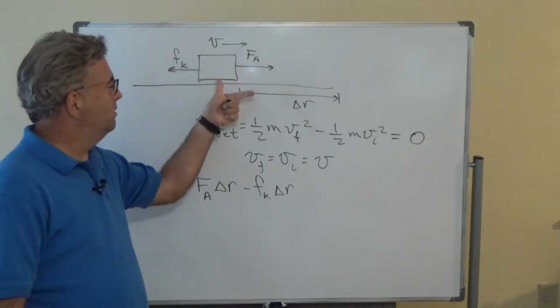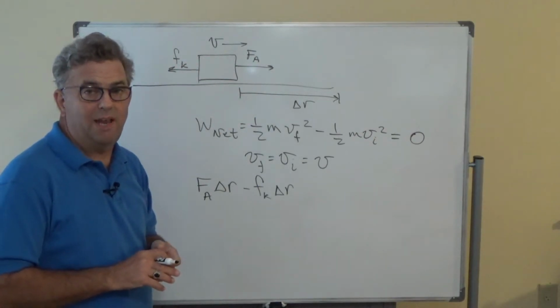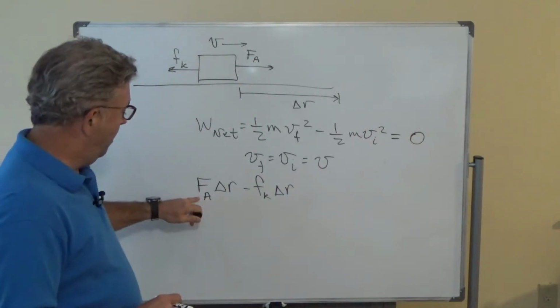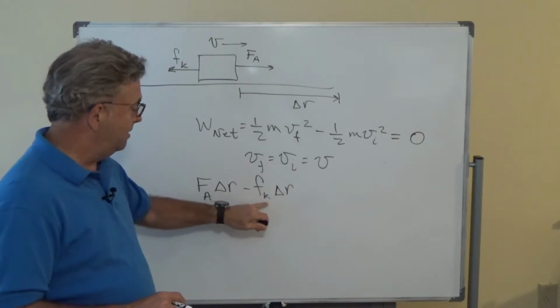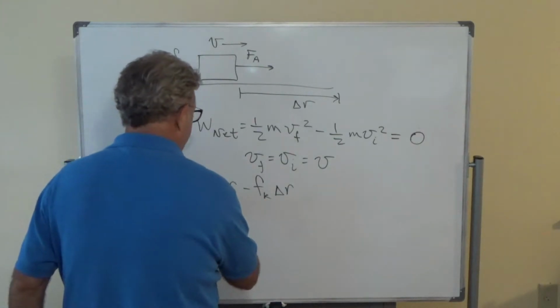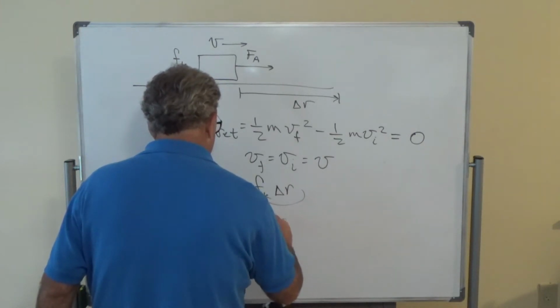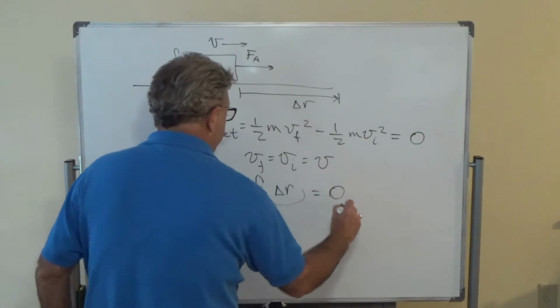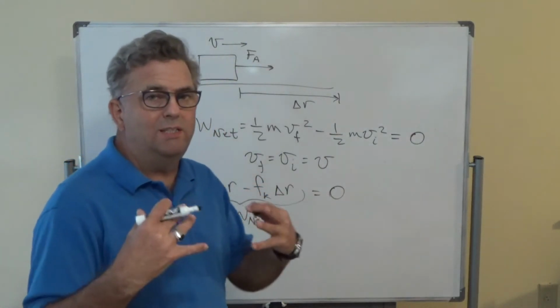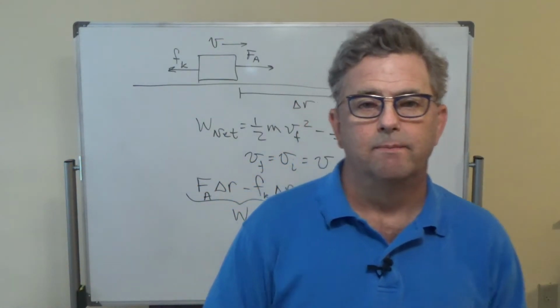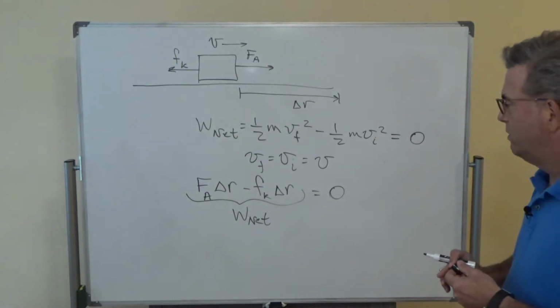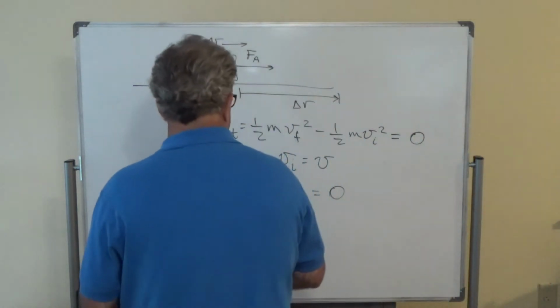It's in the opposite direction of the displacement, so it's negative. So Fa delta R minus Fk delta R, that's the net work, is equal to 0. There's no change in kinetic energy. So the net work is equal to 0.